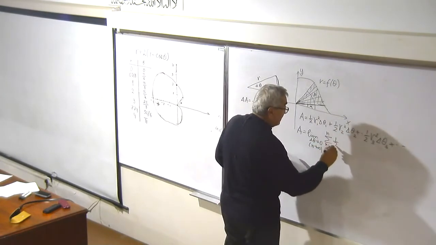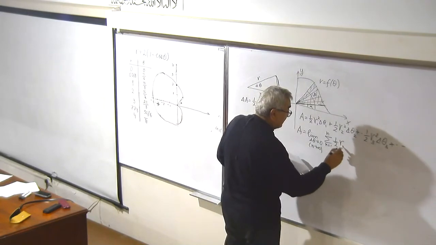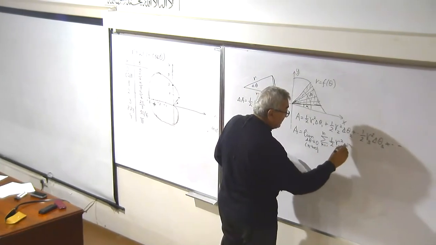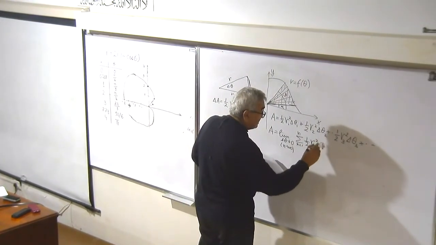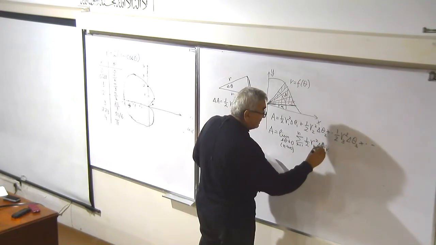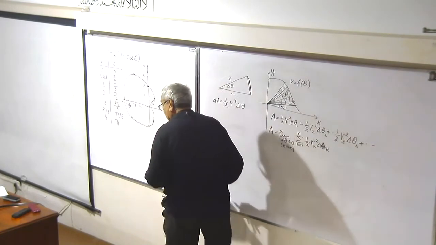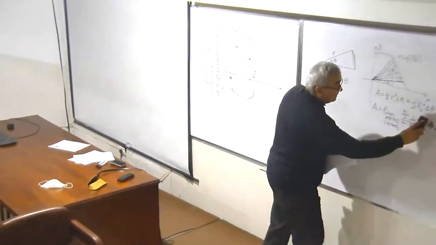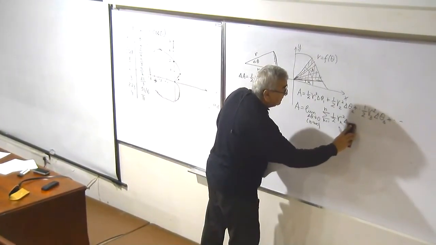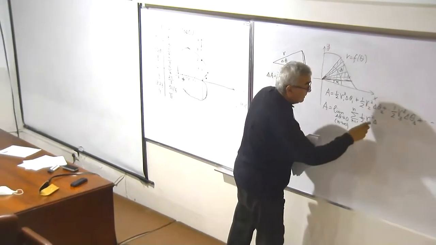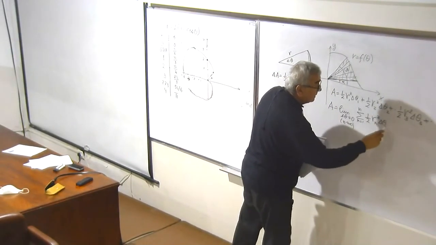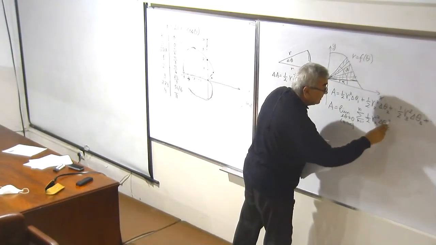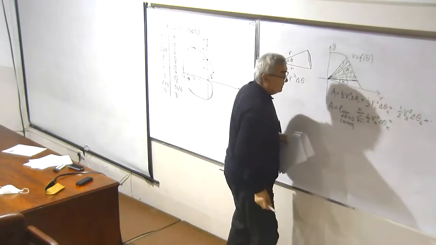Here will be 1 by 2 r k square delta theta k.